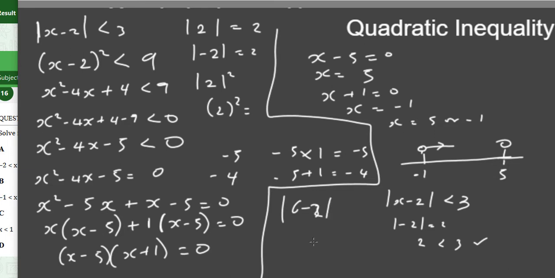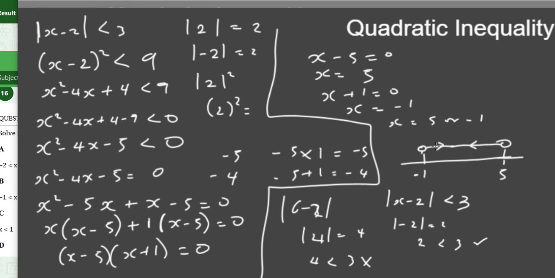The absolute value of that will give you 4, right? So can we say 4 is less than 3? The answer is no. 4 is not less than 3. So for that reason, x can't be greater than 5 because it will give you an invalid inequality. So the alternative is that x is less than 5, not greater than 5.